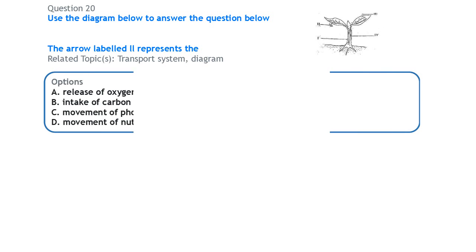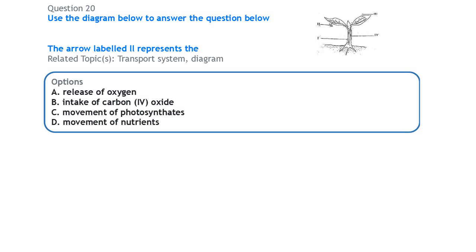Alright, next question, using the same diagram, the arrow labeled II represents the. So we've talked about the arrow labeled IV, which is in the previous question.